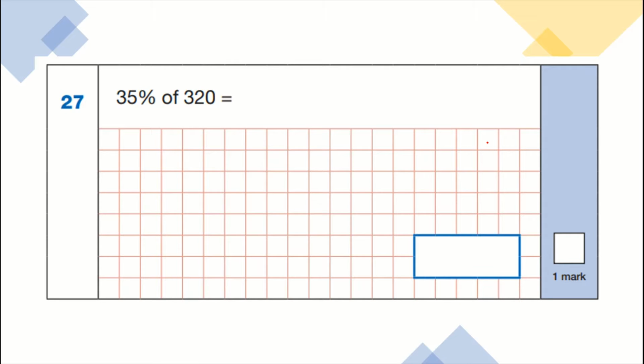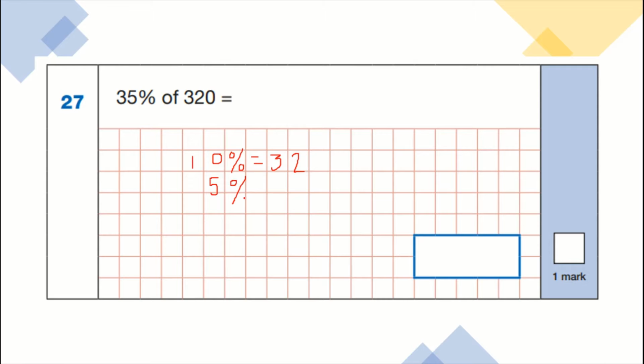This is our first question, 35% of 320. First of all, we work out what 10% is. To work out 10%, we divide the number by 10. So 320 divided by 10 would be 32. To work out 5%, you would get 10% and divide it by 2.